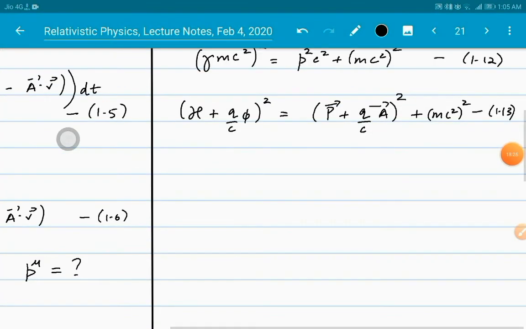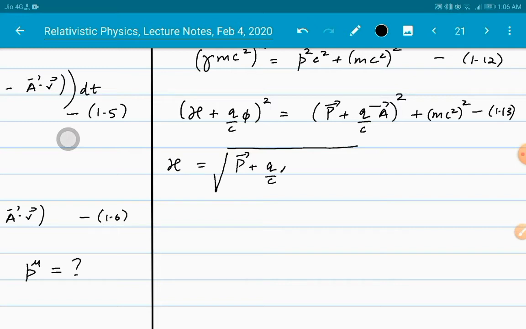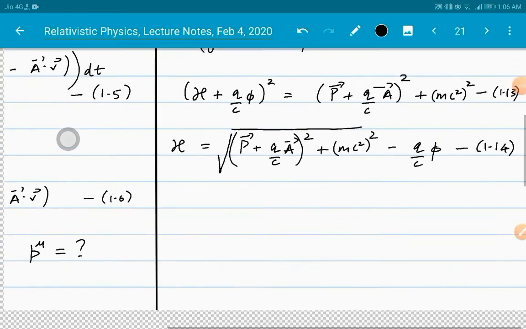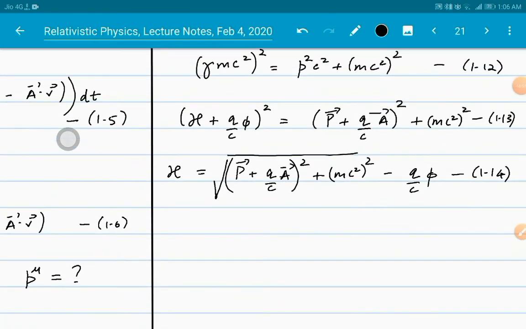And so finally the expression for the Hamiltonian of our particle becomes, by taking the square root, you can write it as the square root of c square (P minus q by c A) square plus (mc square) whole square, minus q by c times phi. So this is the expression for the Hamiltonian.